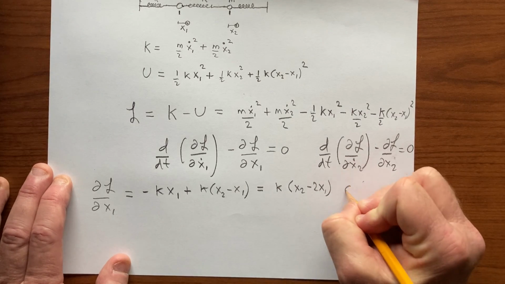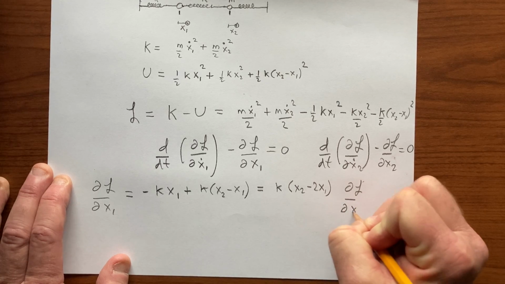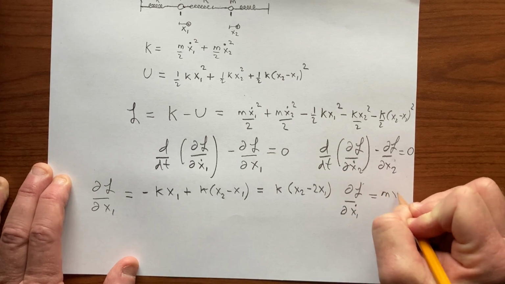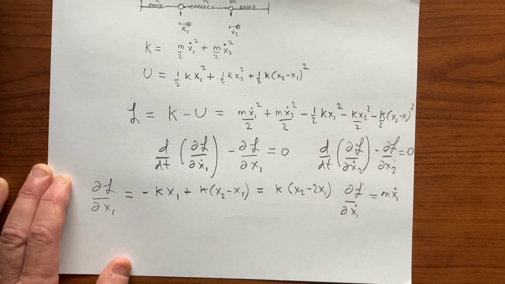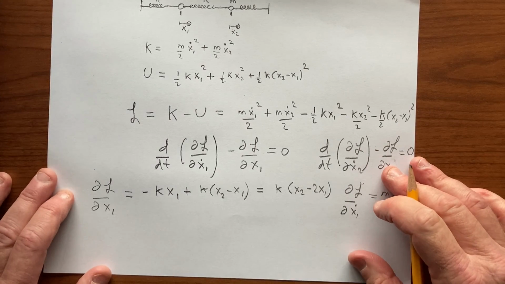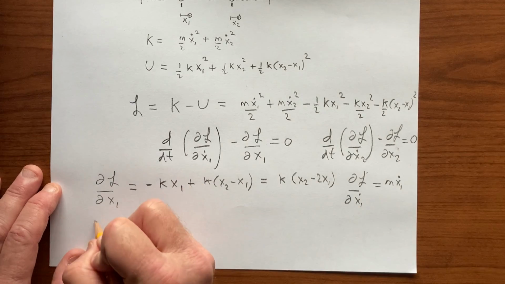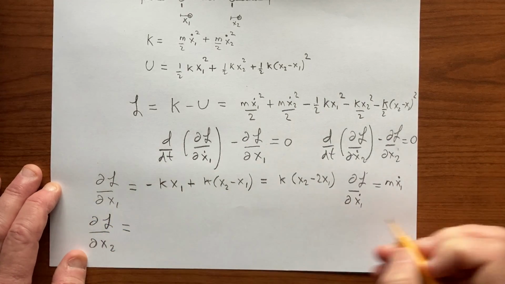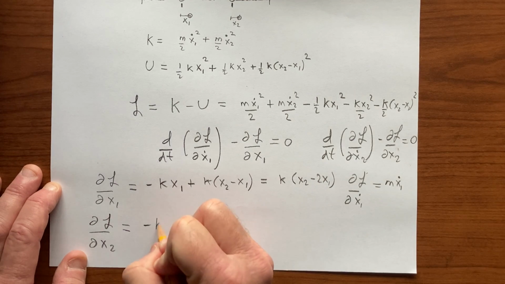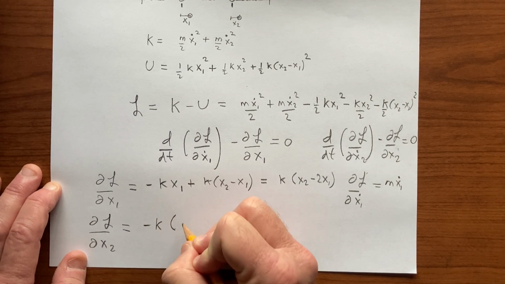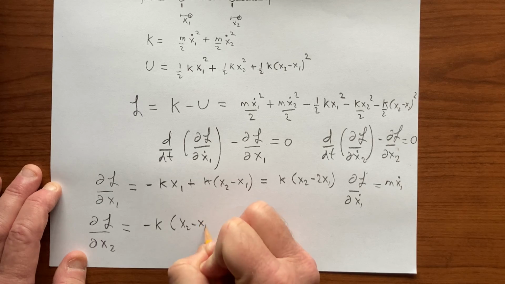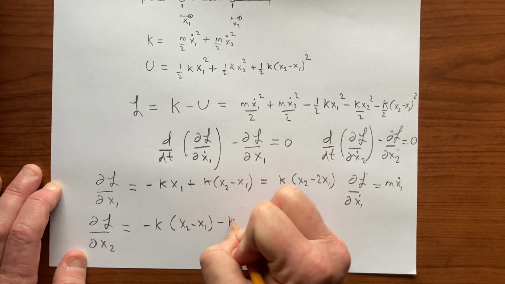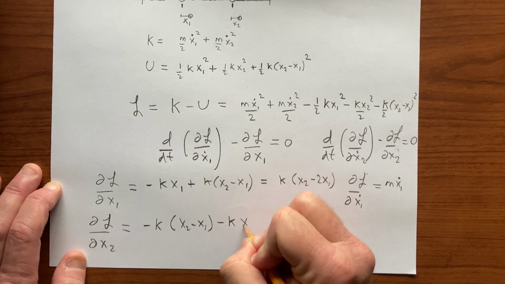We have dL/d(x1 dot) equals m x1 dot. And for dL/dx2, we have minus k times (x2 minus x1) minus k x2.